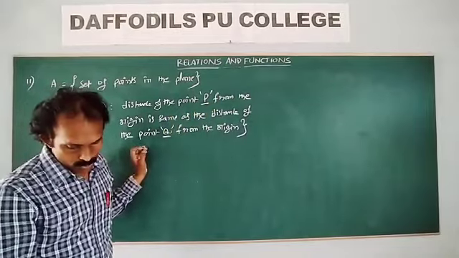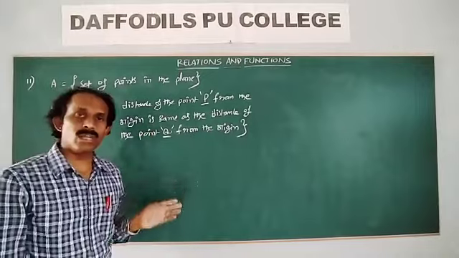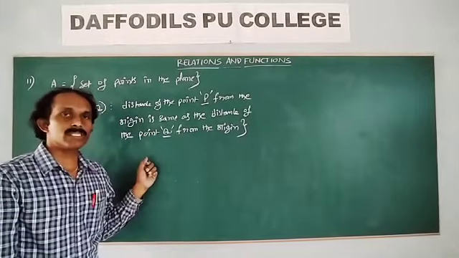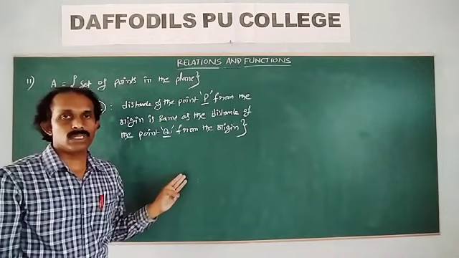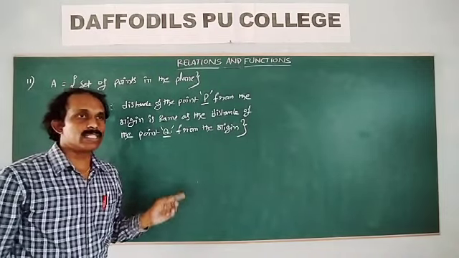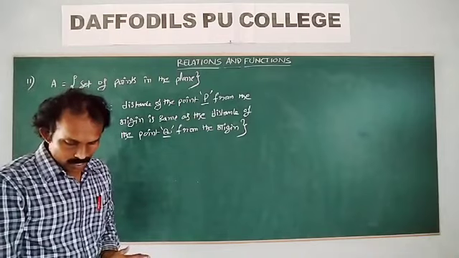Next, we show that it is an equivalence relation. Equivalence means reflexive, symmetric, transitive. If the three properties are satisfied, then it is called an equivalence relation.